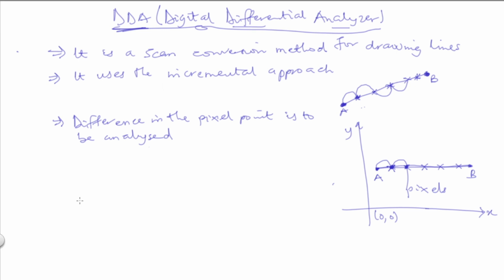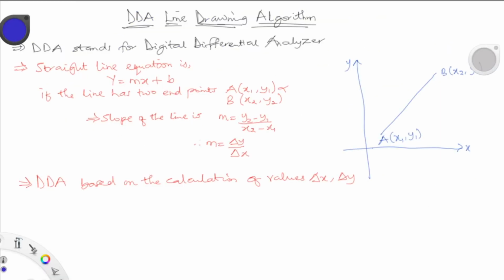Whenever you think of the DDA, the first thing that should come to mind is that it's a line drawing algorithm. So we need to know some properties of a line to be able to use this algorithm as effectively as possible. A straight line equation is of the form you can see here: y is equal to mx plus b. Now let's take the xy plane as you can see over here.